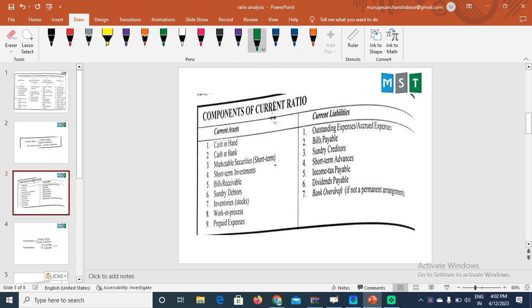If we receive some post-dated checks from our debtors, that will be in bills receivable. And sundry debtors.